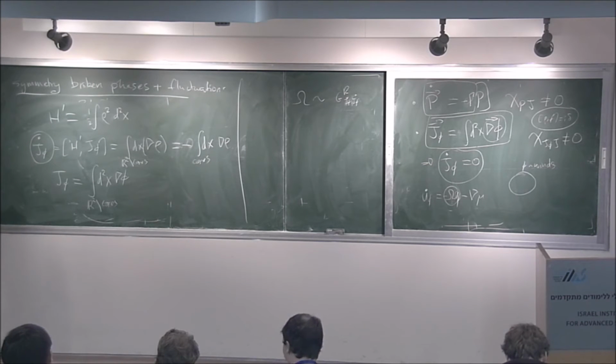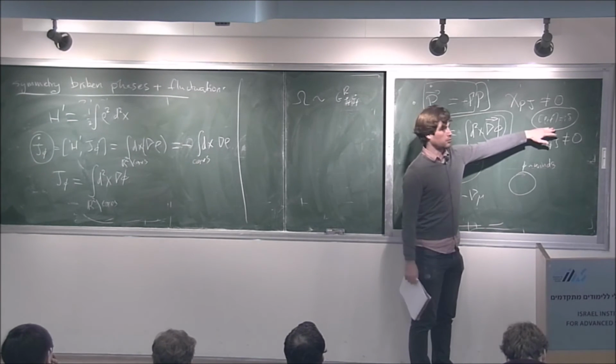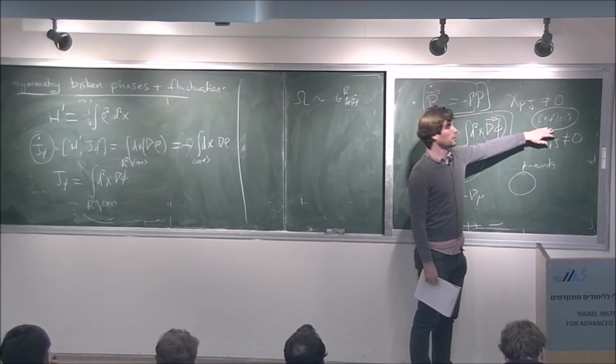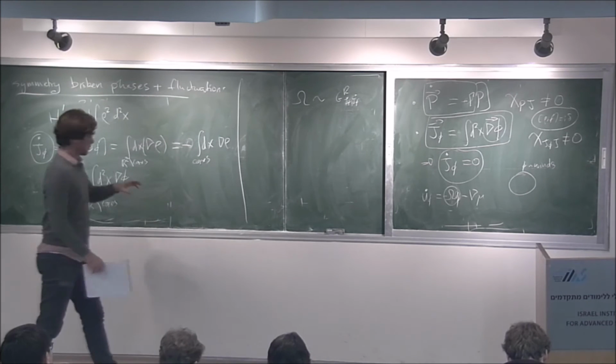Yeah, I think I know what you're saying, but I think it's okay. So the Josephson relation does not change this commutator. Well, yeah, I think it's right. Very good.